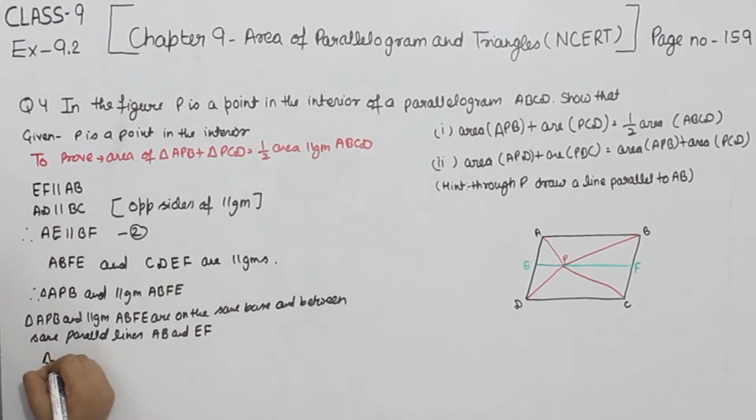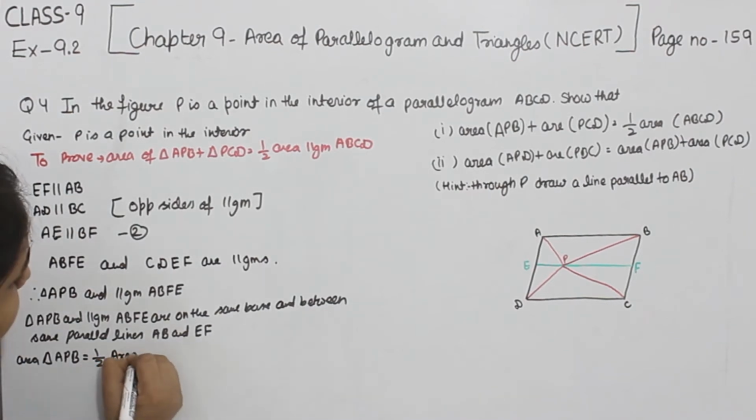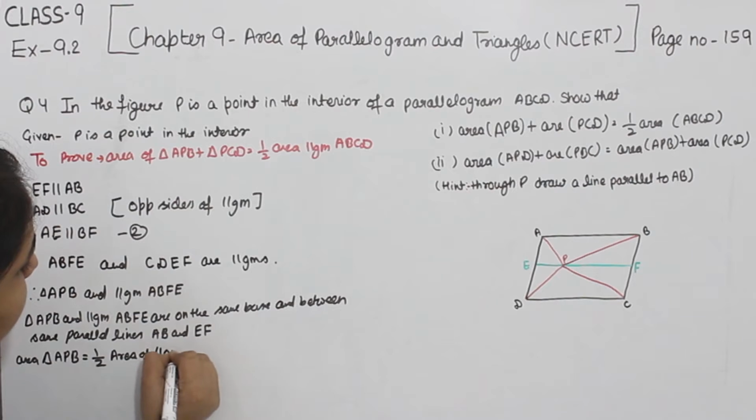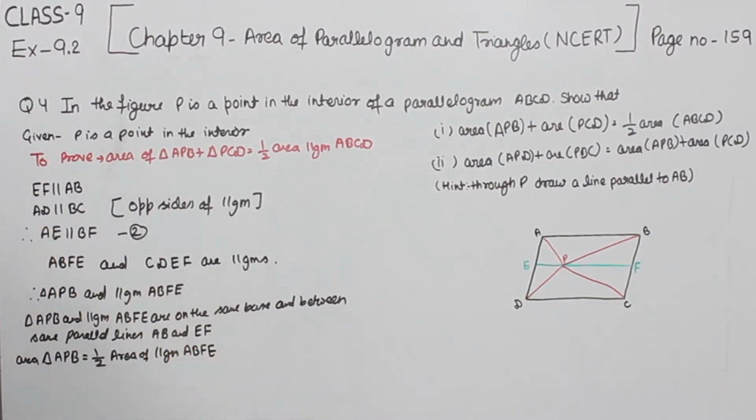So the area of triangle APB is equal to half of the area of parallelogram ABFE.